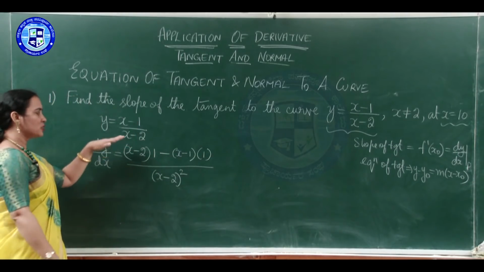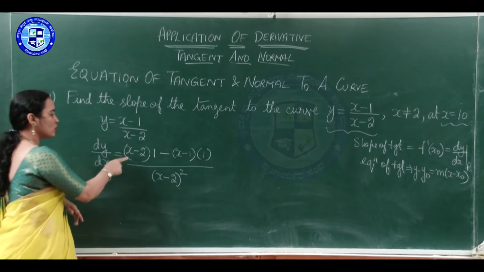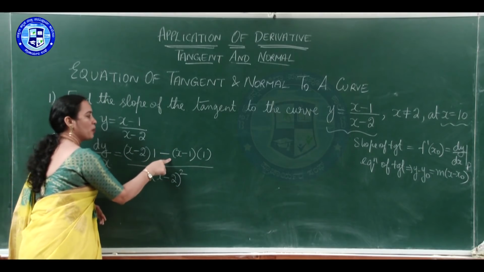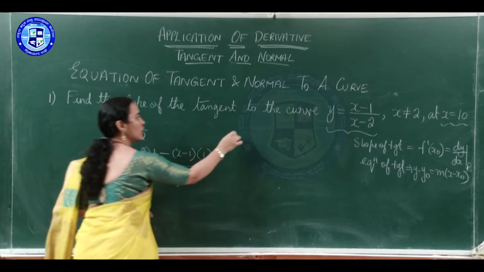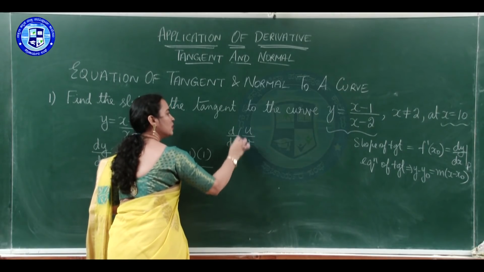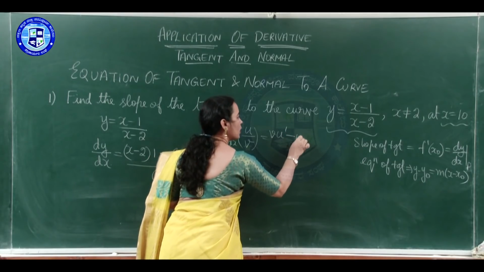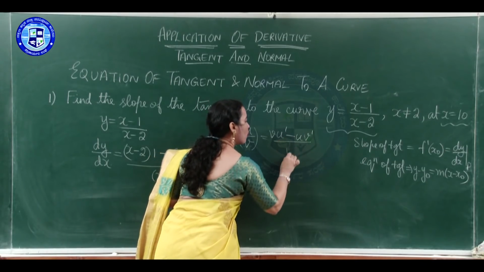I hope you understood which rule we are following here: the quotient rule. What is the quotient rule? If you have it in the form u by v, then when you find the derivative of this, it will be v u dash minus u v dash upon v square.